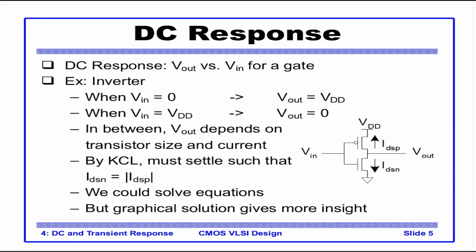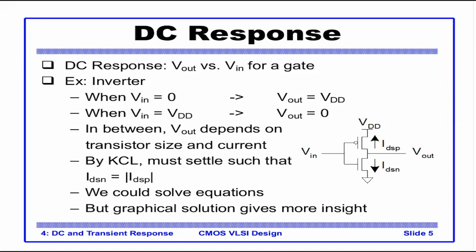Now V out obviously depends on the current. The more the current, the faster V out will go to VDD or to 0. It depends on the transistor size. We saw in the slide earlier that the current depends on W by L and a few more factors. Now we will try to solve this equation. By Kirchhoff's current law, IDSN should be equal to IDSP.